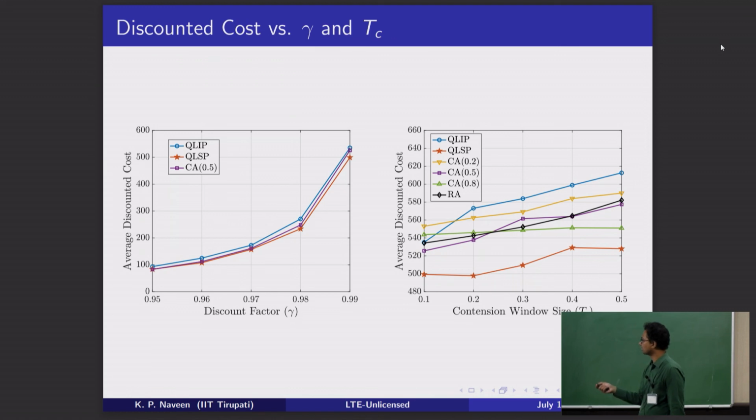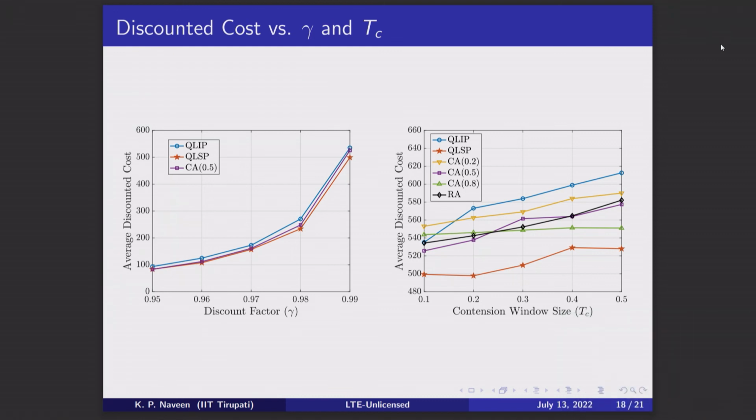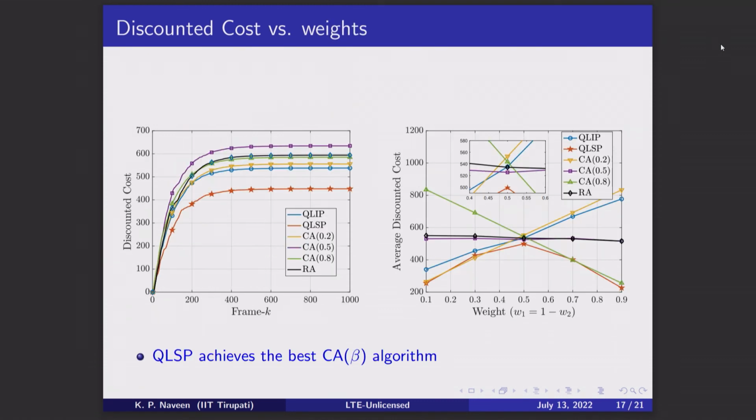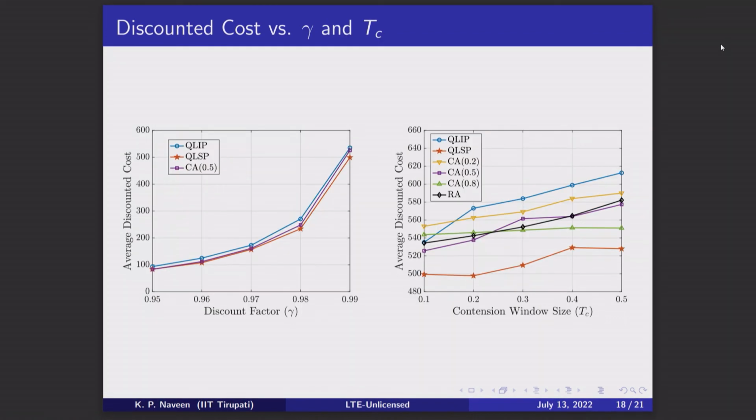With a few more factors, such as contention window size, we have varied and shown that it's not always the same. Here it looks like the constant beta algorithm always does well, and the learning algorithm traces it, but that is for some specific values.